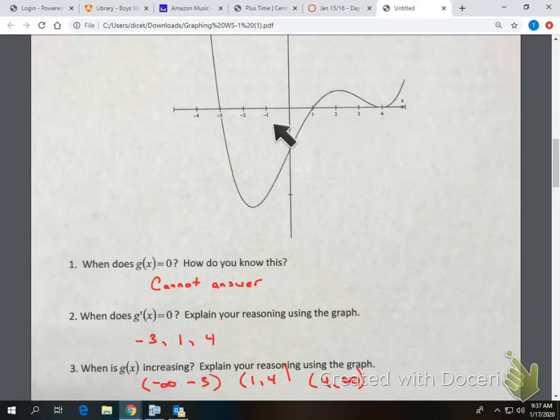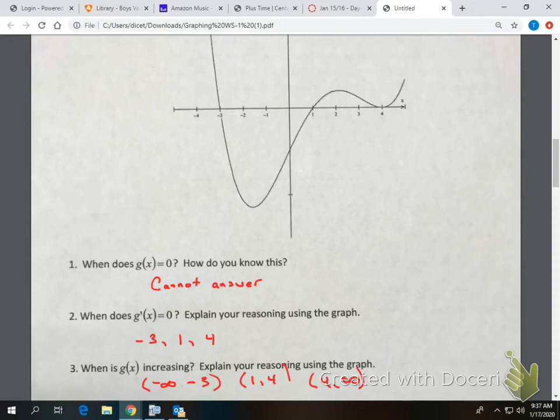So number 6 said, when is the second derivative negative? It would be from negative infinity to negative 1.5 and from 2 to 4, because g prime of x is decreasing.